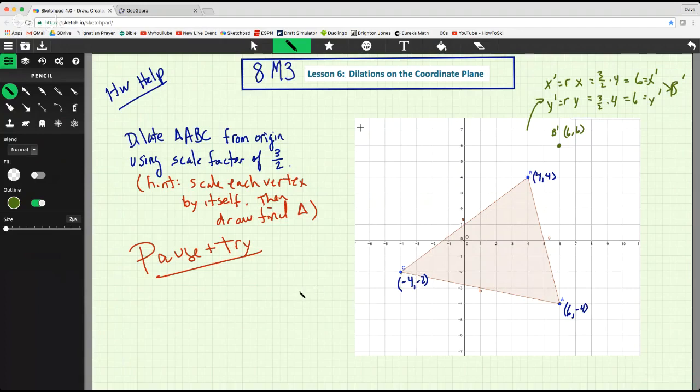So C, we have our x prime is equal to our scale factor, 3/2 times -4, which is equal to -6. And our y prime is equal to 3/2 times -2, which is equal to -3. So here we are, -6. This is our C prime, which is -6, -3.